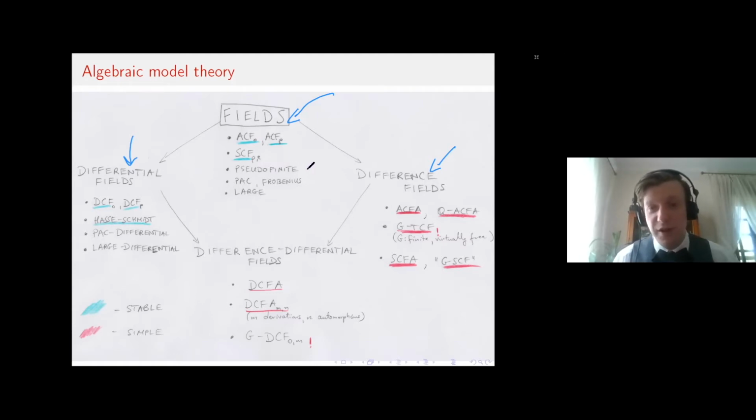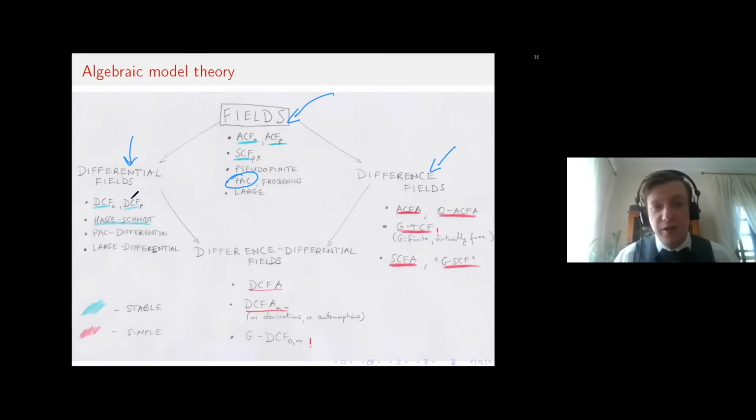Then you have pseudo-finite fields, PAC and Frobenius fields. Frobenius fields are just a subclass of PAC fields. I will speak today a little bit about PAC fields. And then you have large fields. The large fields were introduced by Florian Pop, but they got more attention recently due to the so-called étale topology.